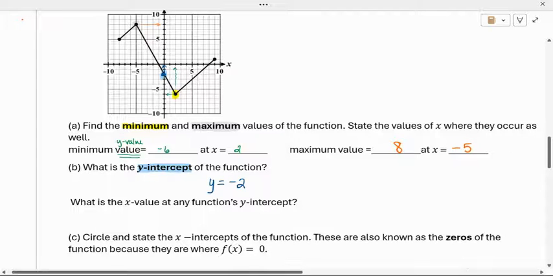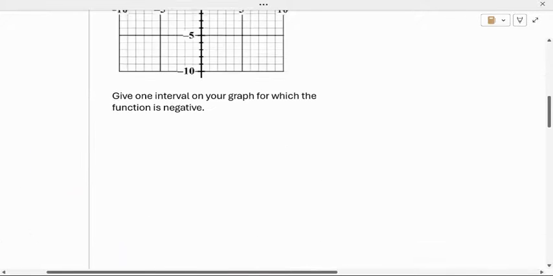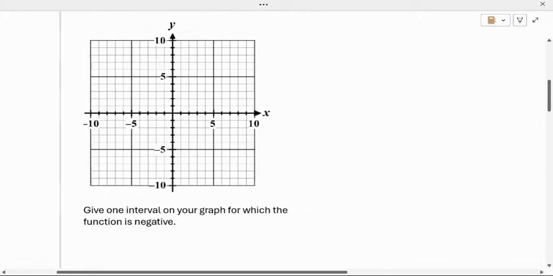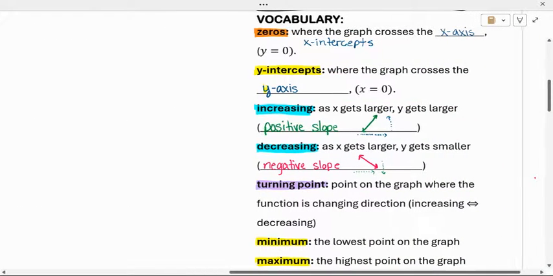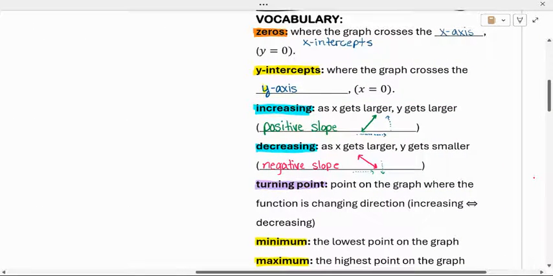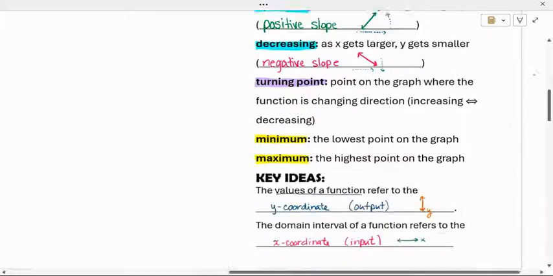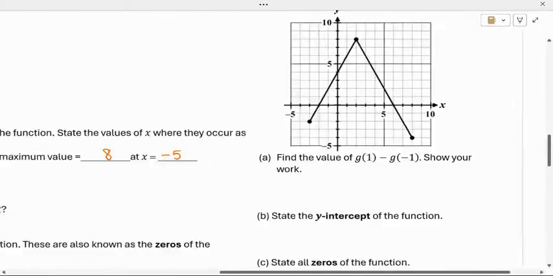It's right in the center of the graph. What is that? It's 0. X equals 0. And when we defined y-intercept, we said it happens when x equals 0. Do you see that? The y-intercept happens when x equals 0. Okay.